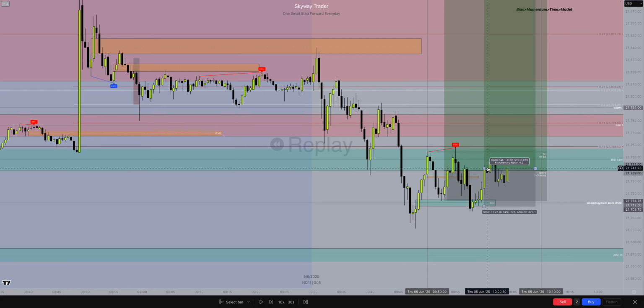I could have gotten shaken out here with this down candle because I was hoping momentum would be on my side and go right away. And if it didn't, I would be a little hesitant and a little shaky, especially since my entry was not good. My entry was so late here. So again, probably not a great trade.